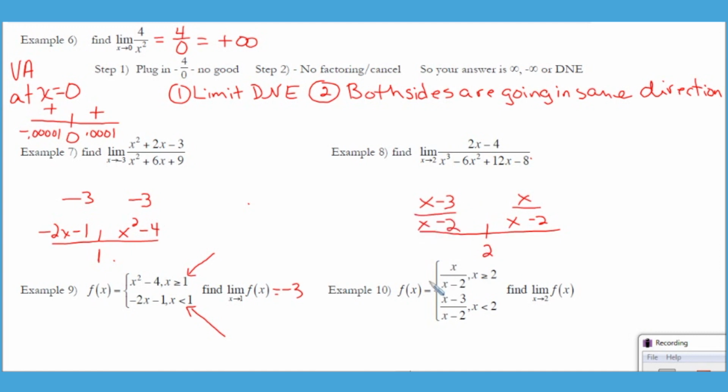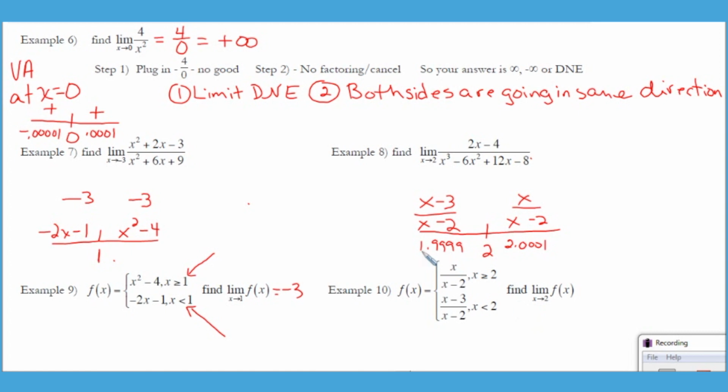Now, because there are vertical asymptotes here, we're going to go with that thinking that I did in the last video of finding values very, very close on either side. So we're going to pick a value very, very close to 2 on the left, let's say 1.99999, and on the right side, 2.0001.